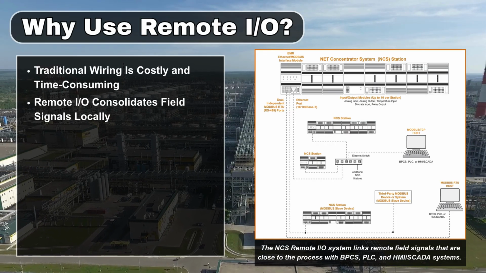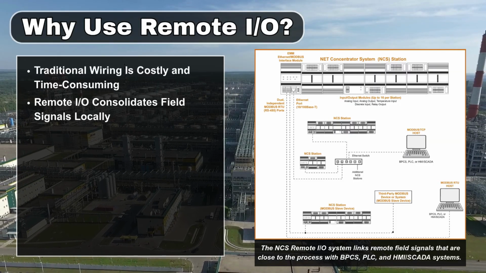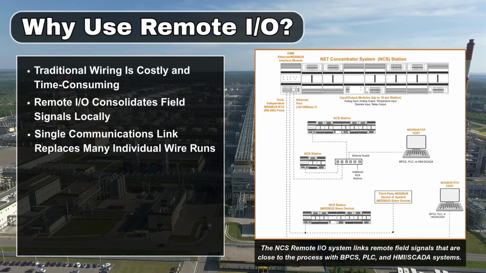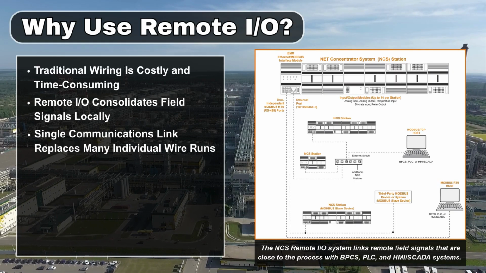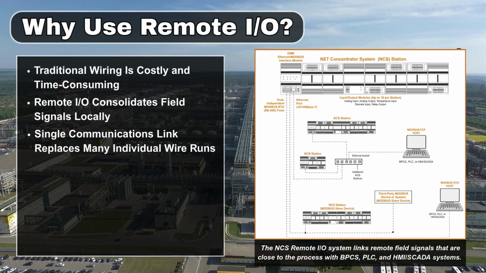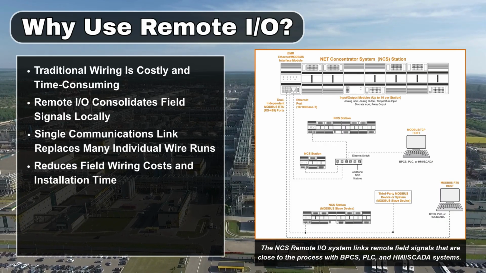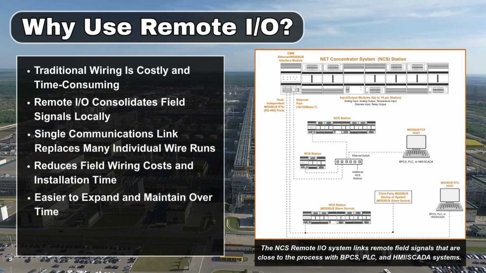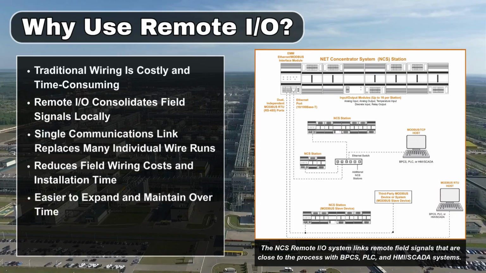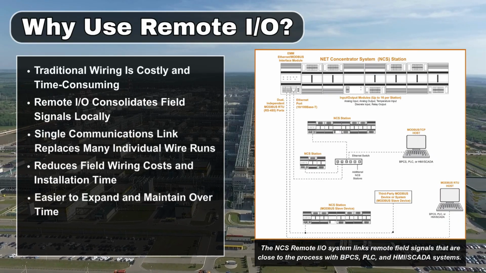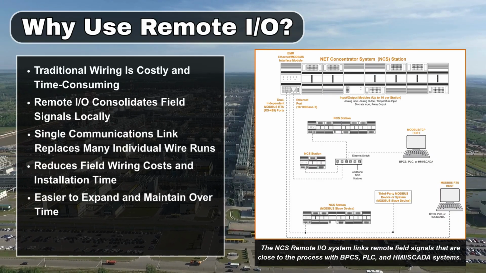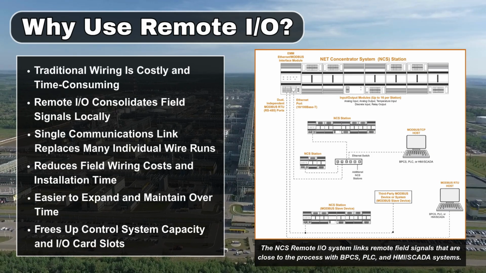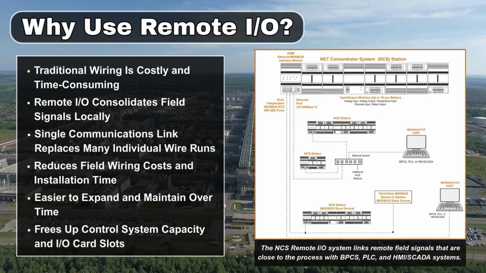Remote I/O solves this by consolidating field signals locally and transmitting them digitally over a single cable, fiber optic link, Ethernet backbone, or wireless network. The result is a dramatic reduction in field wiring costs, faster installation, and a system that is far easier to expand and maintain over time. Beyond the initial cost savings, remote I/O also reduces the burden on the control system itself, freeing up processing capacity and I/O card slots for higher priority functions.